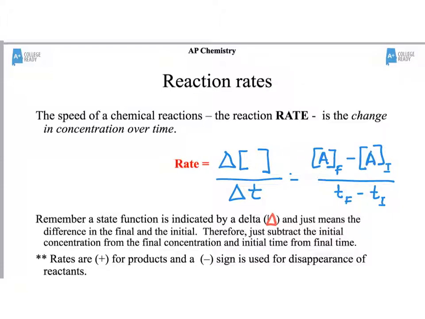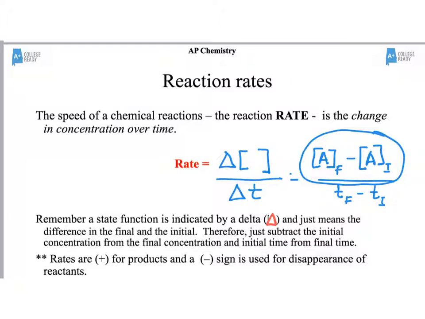Now, when you are talking about products, the rates are going to be positive because your concentration is going to go up. When you're talking about reactants, your rate is going to end up being negative because your concentration is going to go down. So mathematically, this part will end up being negative.